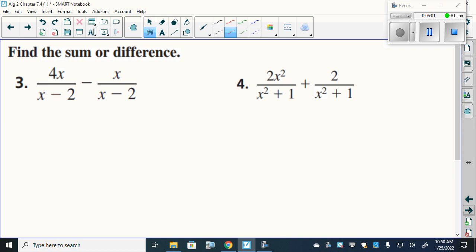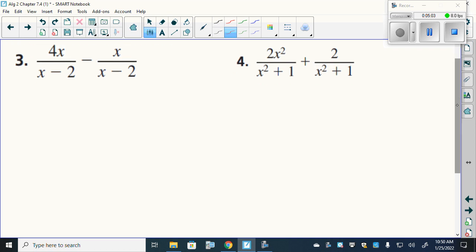We won't worry about number 3. Let's look at number 4. Now again, for this one here, the denominators are the same. We do have x squared plus 1. In the numerators, we would have 2x squared plus 2, because we can add those together.